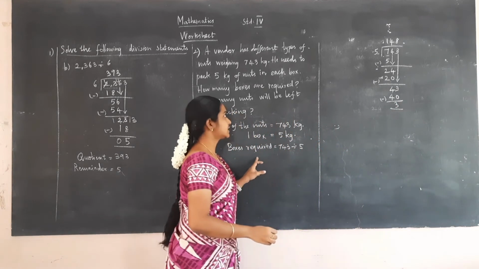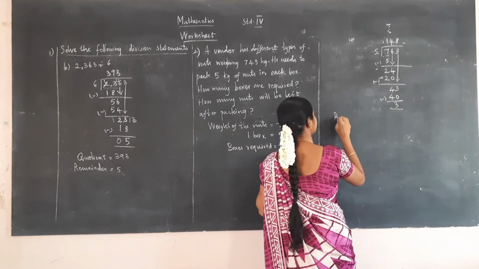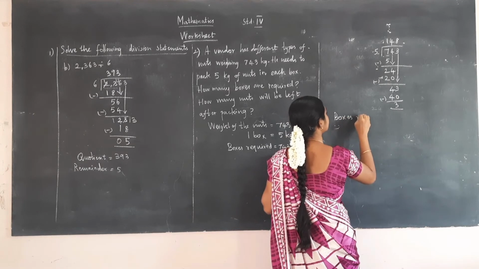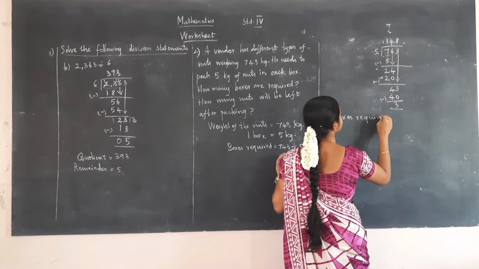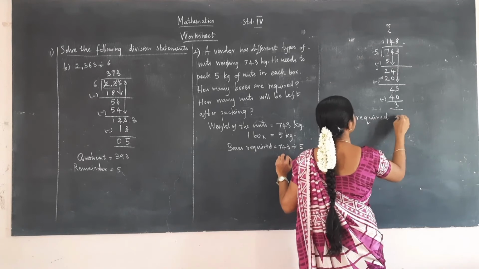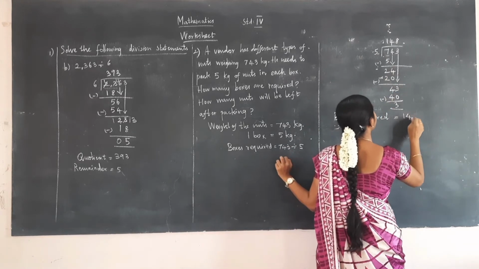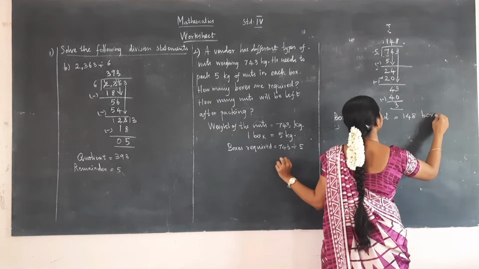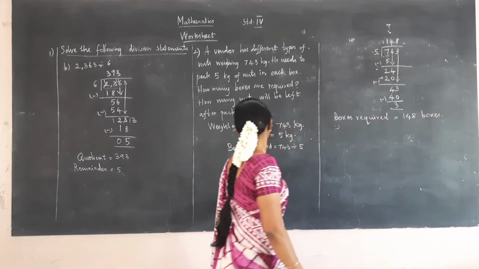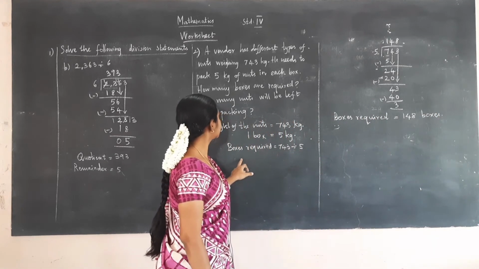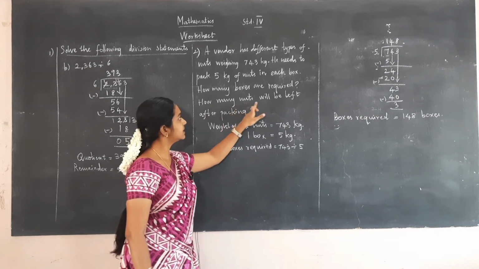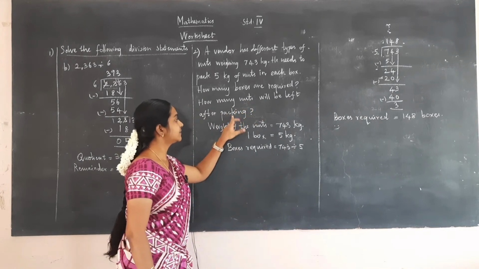So, boxes required is the number in the quotient. It is 148 boxes. Next we have to find how many nuts will be left after packing.